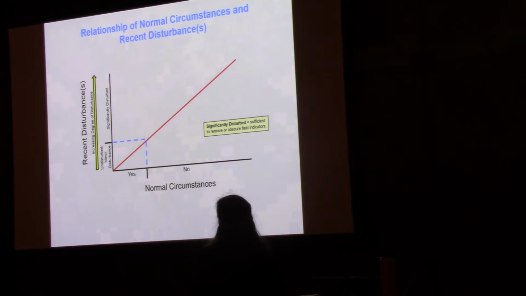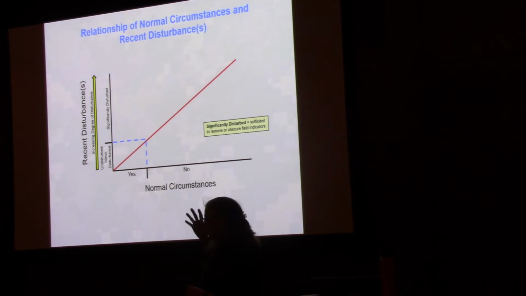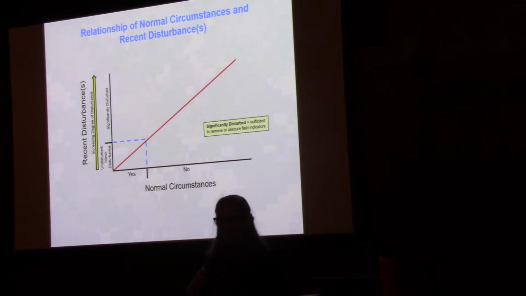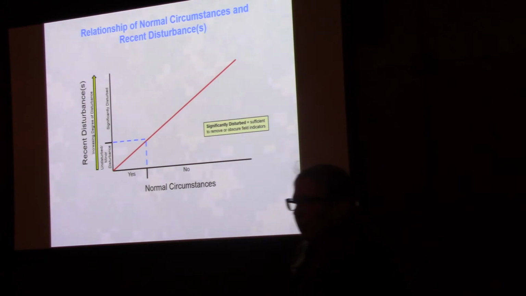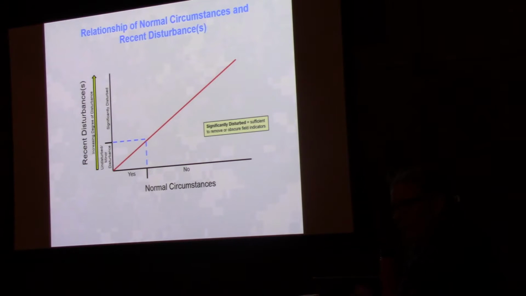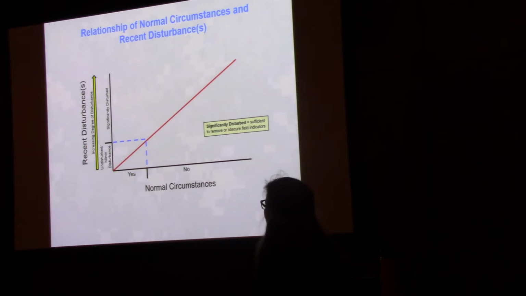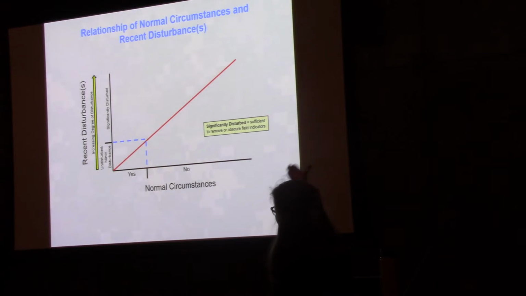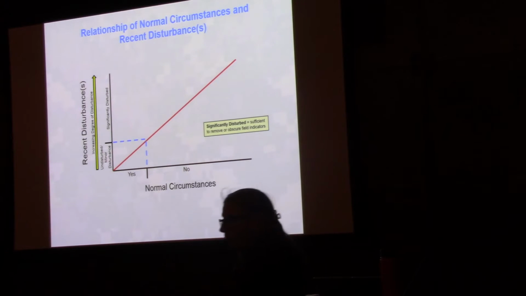If the disturbances are not so bad that you can't make the call, say the dirt might be pushed up a little bit, or there might be a rut through it, you might see a disturbance, but you can still make the call. And you can still make the decision on where the wetland line is. Then as the degree of disturbance increases, it shifts out into, okay, absolutely, we do not have normal circumstances.